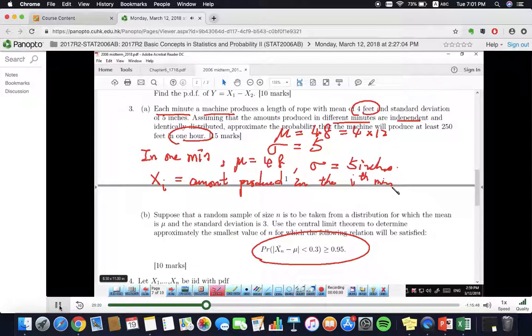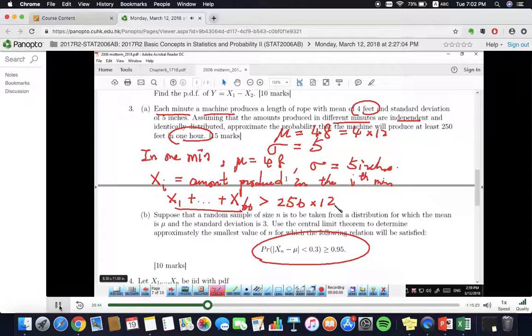So in other words, now we have x1 up to x60, and we would like to see the probability that the machine will produce at least 250 feet. That means times 12.